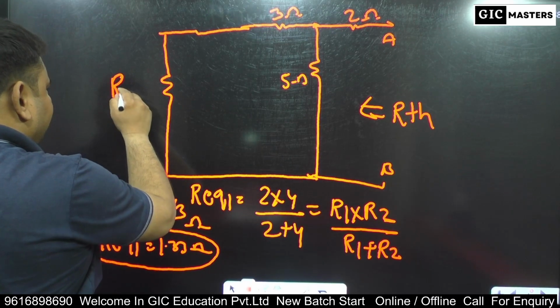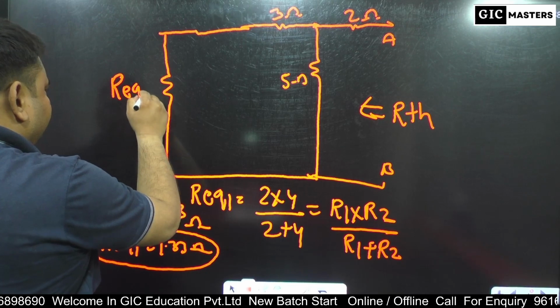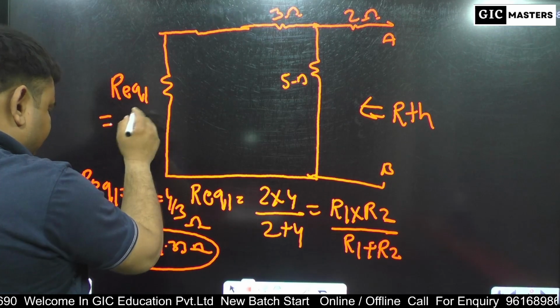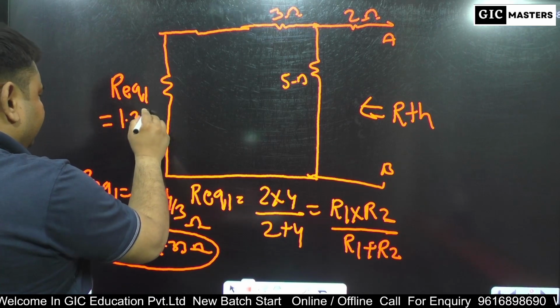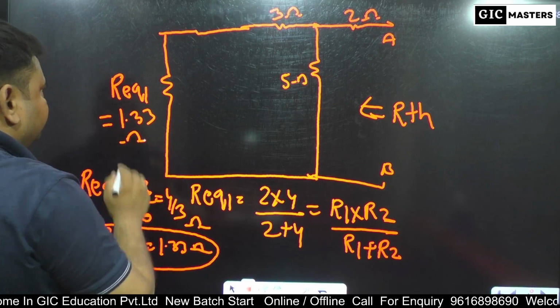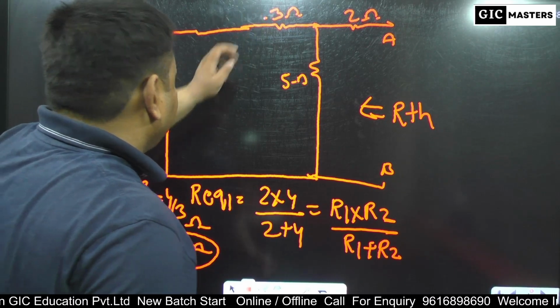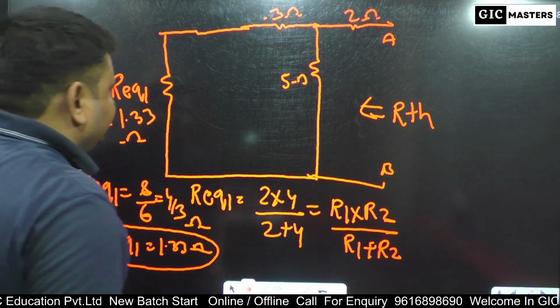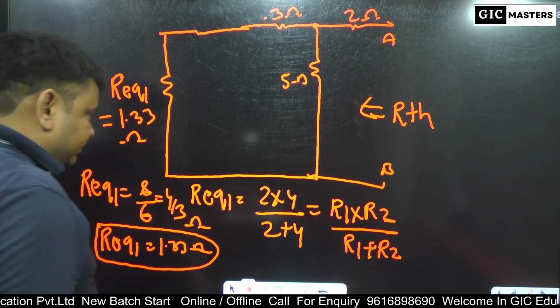This is R equivalent 1, and its value is 1.33. This 3 ohm and this 1.33 ohm are in series.